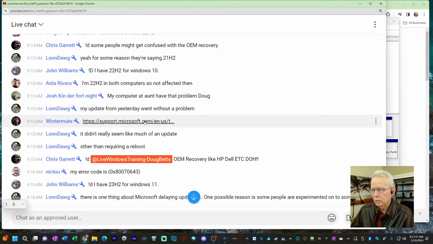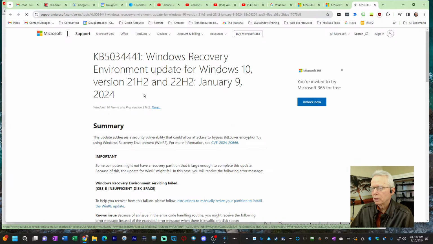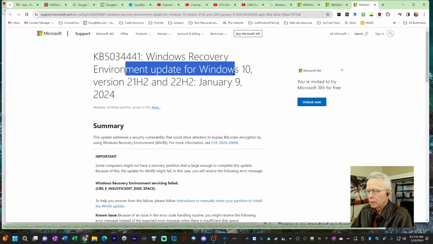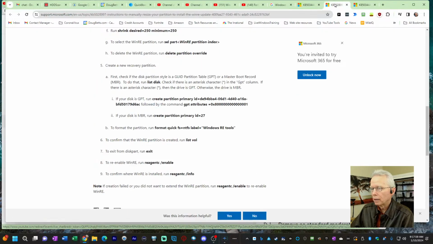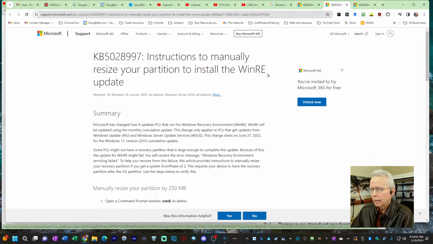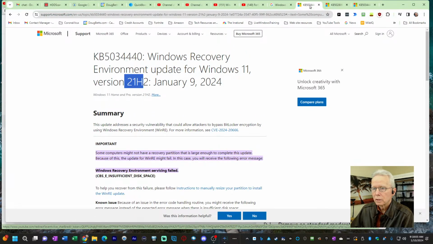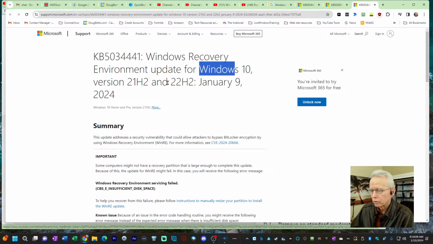Now let's get back here and look at this link from Wintermute. Windows Recovery Environment Update for Windows 10 21H2 and 22H2. Okay, so this is for Windows 10. The other one I had was for Windows 11. This is 4440, 4441.